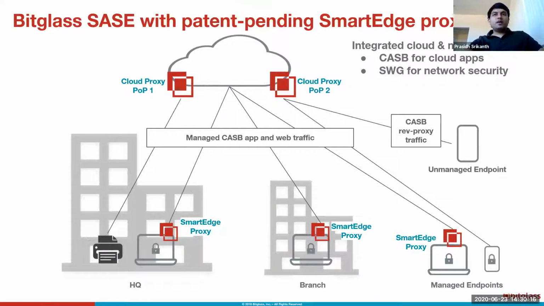We'll go into the architecture of this, but at a quick high level, the smart edge proxy that we have resides on every endpoint. Any other devices apart from your laptop, like your printers and scanners, those that do not have agents on them, can still use our cloud proxy in order to protect any sensitive data that could go out. And unmanaged devices can always go through our reverse proxy solution in order to access those crown jewels.